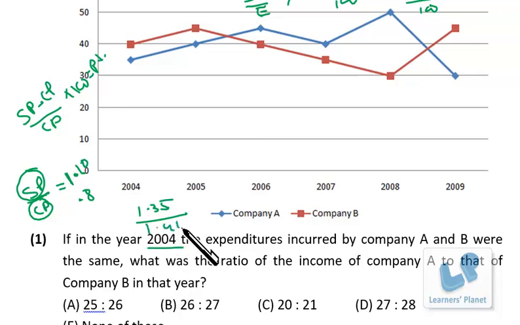So this is the ratio of income of company A and B. So this is how you can solve the problem very easily. So that is 27 by 28. I hope you are clear with the concept also.